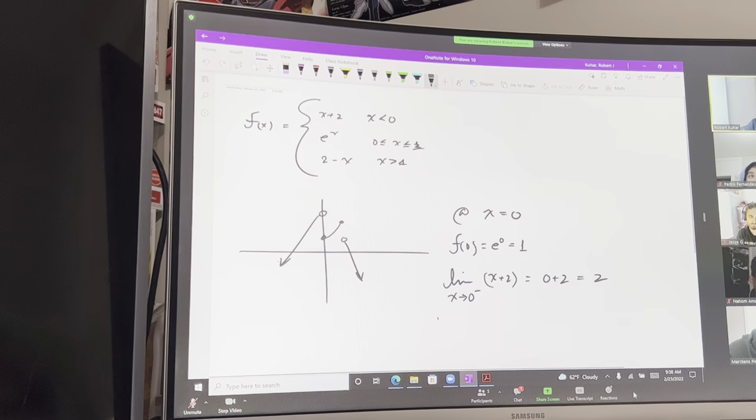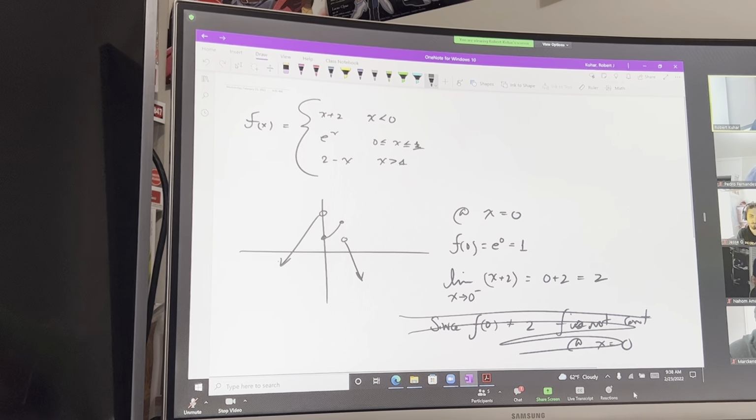So then I would say, since f of 0 does not equal 2, f is not continuous at x equals 0, right? And then what you had was, instead of this, you just had d and e.